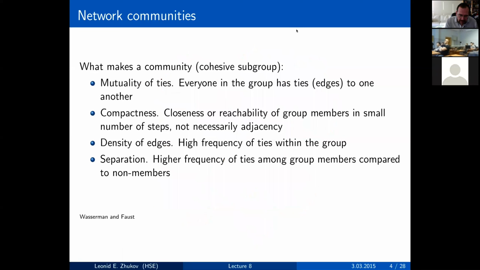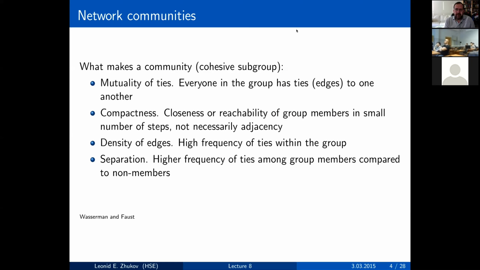All right, so the problem of finding communities really originated, as pretty much everything in social networks, from sociologists. There is a very good summary in Wasserman and Faust's book, but historically it probably goes back to the 40s.